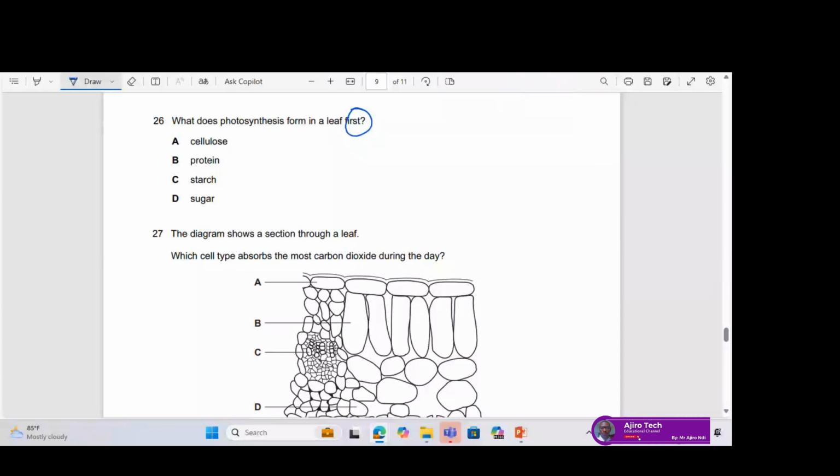Now, plants during photosynthesis, what is the first stable product of photosynthesis? Glucose. And that glucose, I told you, is transported as what? Sucrose. So plants make glucose during photosynthesis.